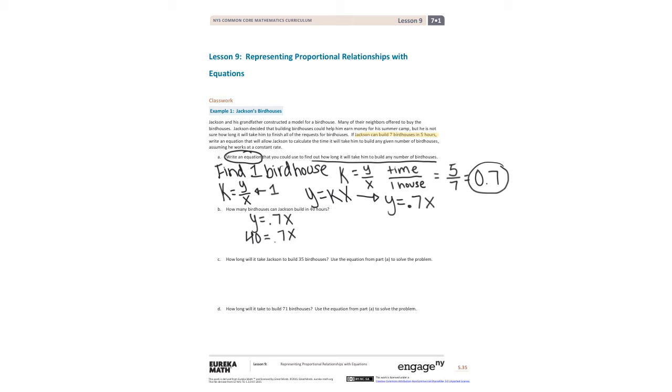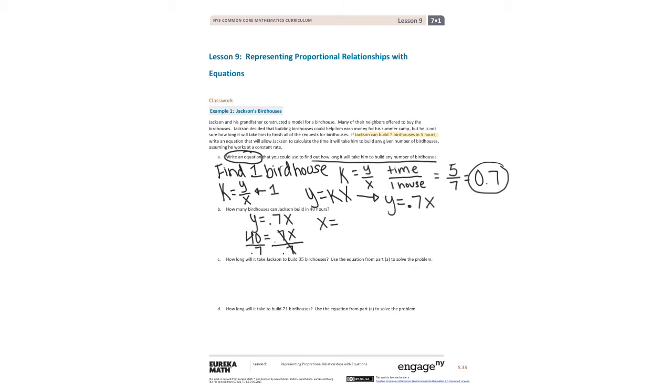To get X by itself, we have to divide this side by 0.7, and what we do to the one side, we have to do to the other. So we're dividing both sides by 0.7. When we look over here, we have 0.7 divided by 0.7. That will give us 1. So now we have X by itself.